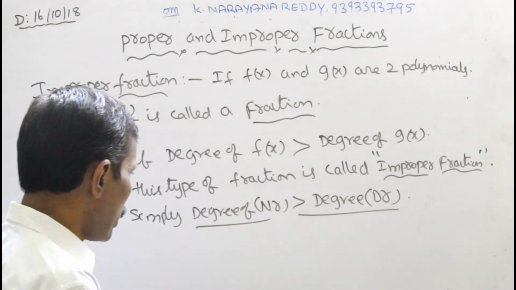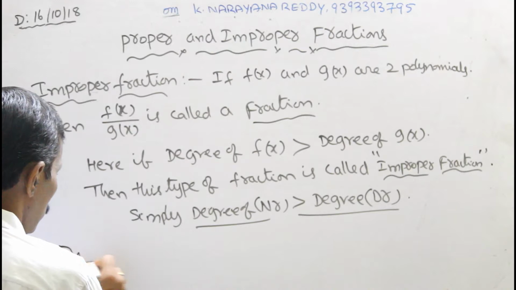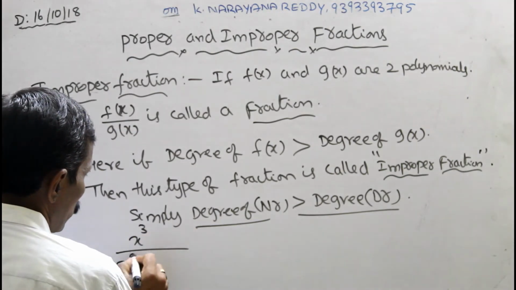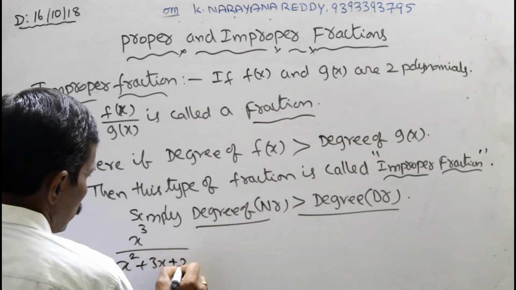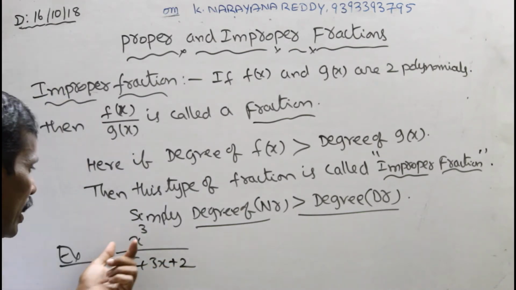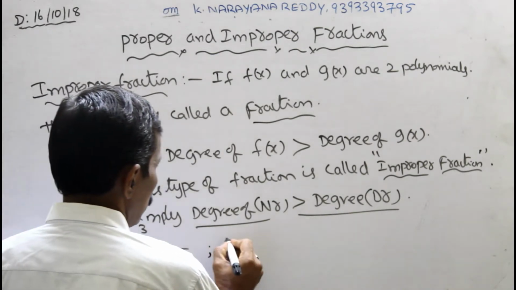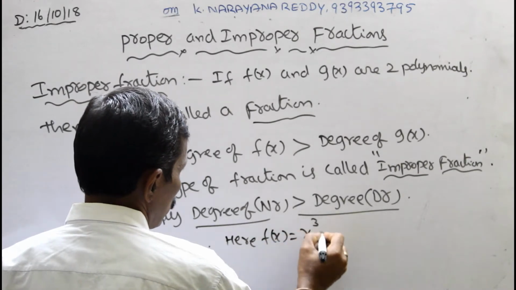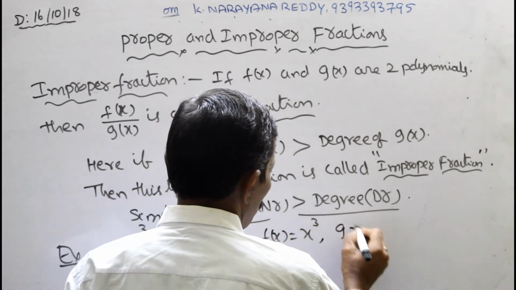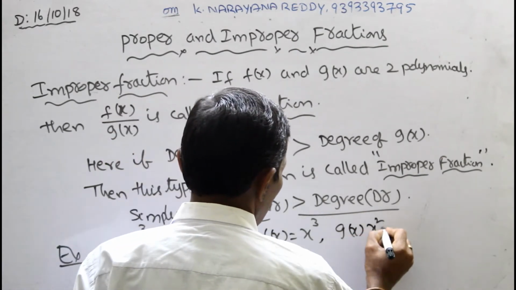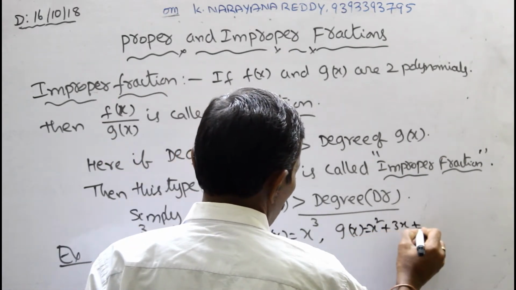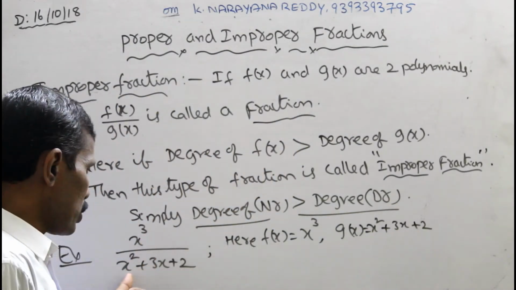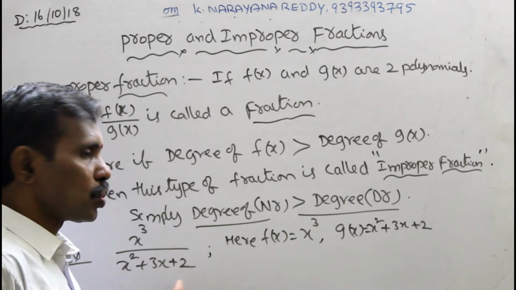Okay, dear friends, I will tell one example. x cube divided by x square plus 3x plus 2. Here f of x equals x cube, and g of x equals x square plus 3x plus 2.